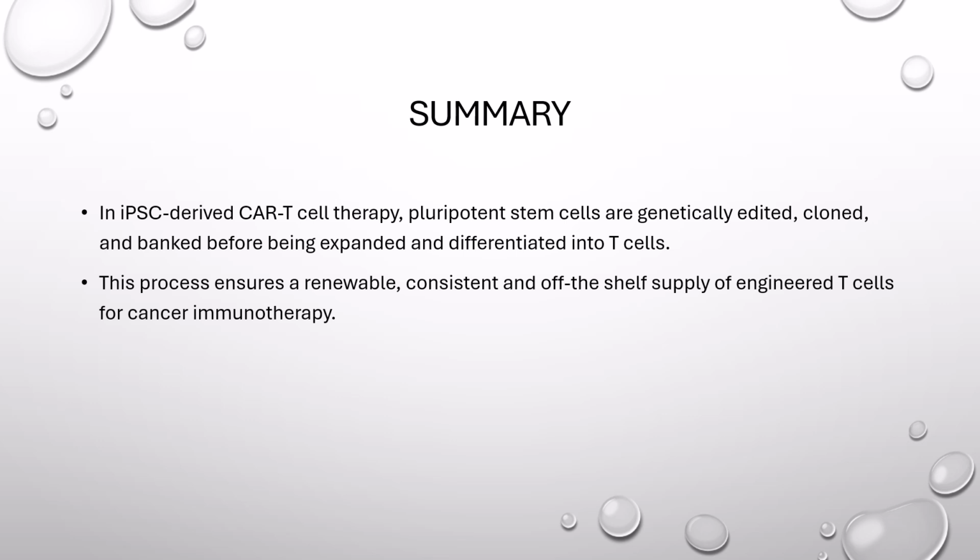These induced pluripotent stem cells can be genetically modified or edited, cloned and banked before being expanded and differentiated into T cells. And this process ensures a renewable, consistent and off-the-shelf supply of engineered T cells for cancer immunotherapy.